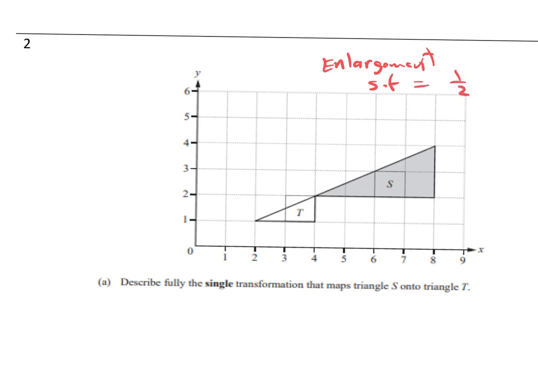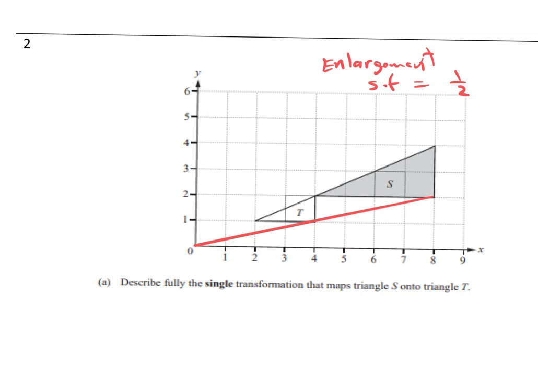And now the center of enlargement. We have this point and its image here, so we can join a line between them to find the center of enlargement. And the same, we have this point and its image, so join them or extend the line.